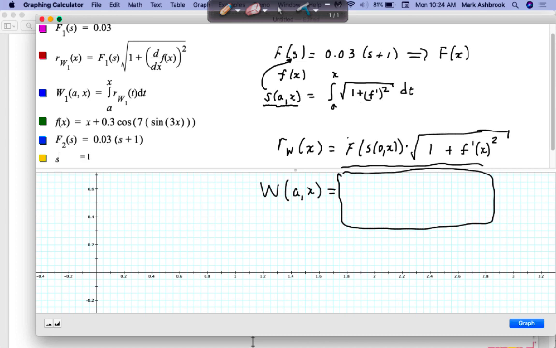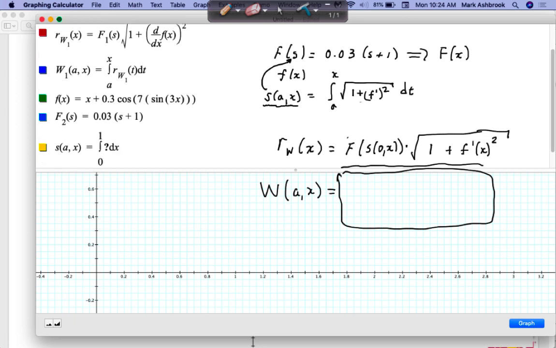So s sub a comma x equals the integral from a to x of the square root of 1 plus this thing.